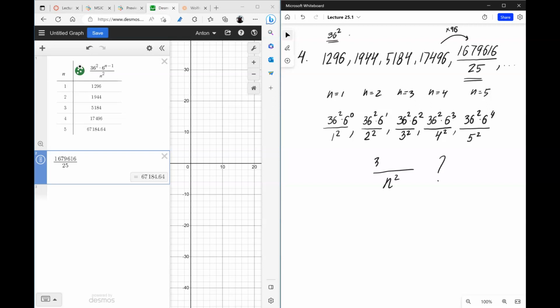So it is 36 to the power 2. That's just not going anywhere. And we have 6 to the power n minus 1. That's the answer.